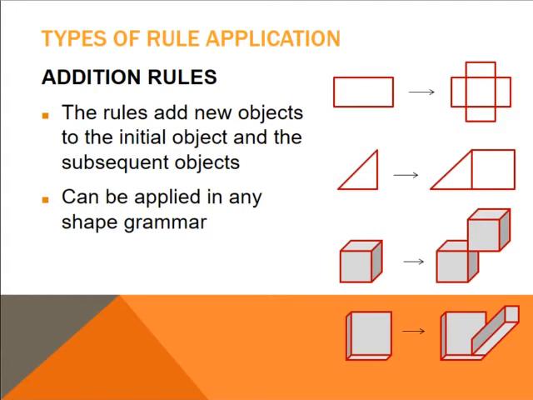So if you look at the examples on the right, the first one, you have a rectangular shape, and these are the rules only. Basically these are rules. It's not a design process yet. So the first one, you have the rectangular shape, and the rule specifies that you add another rectangular shape, but you rotate 90 degrees and you overlap it on the original object.